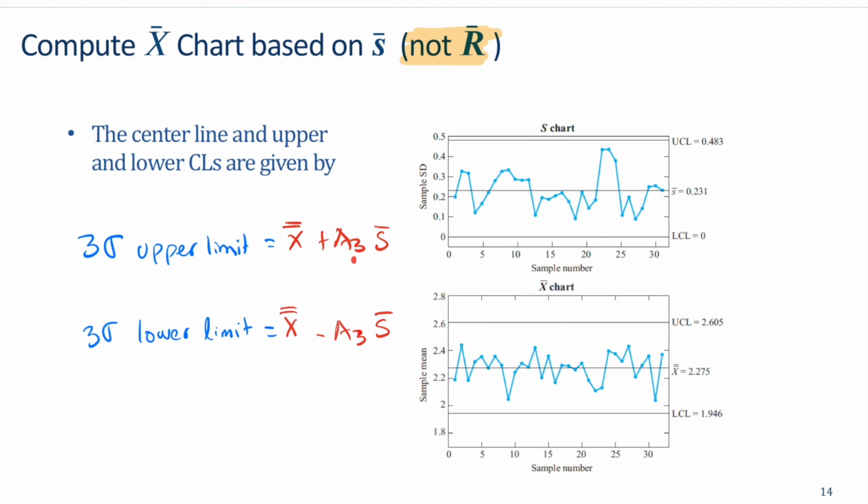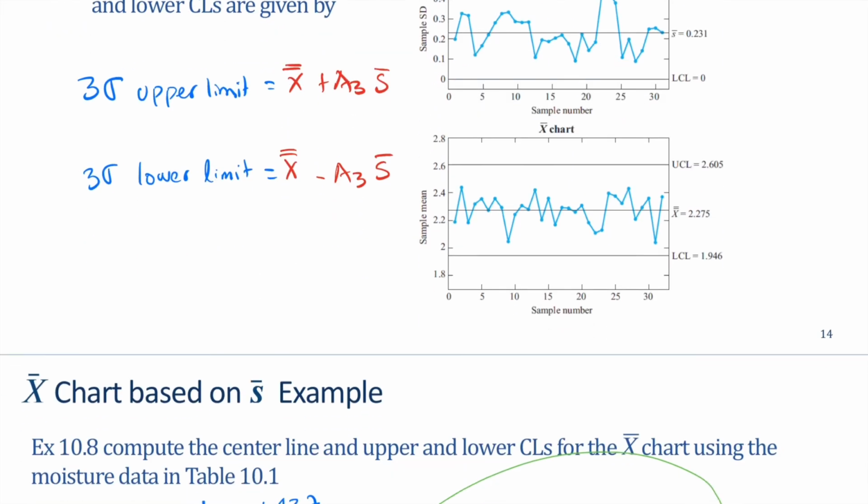And A3 is found in the table. So we compute the S chart once we remove the points that were out of control, and then we have the X chart, with the limits given by these expressions. And we look if the points are out of control.